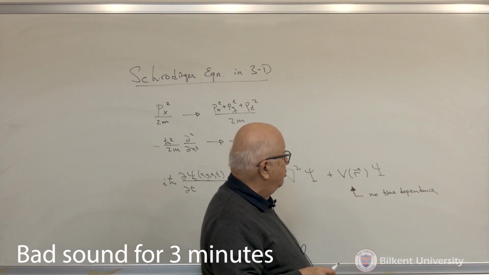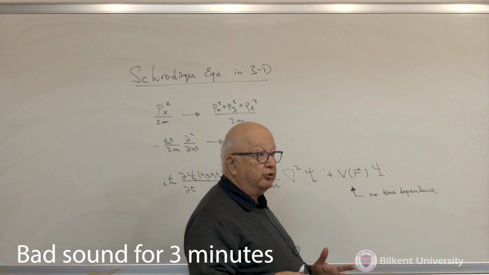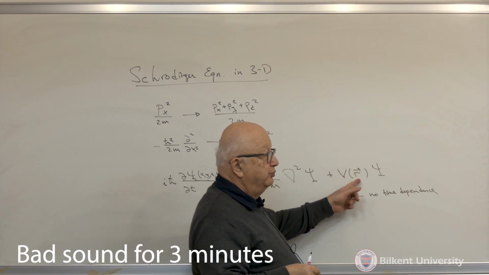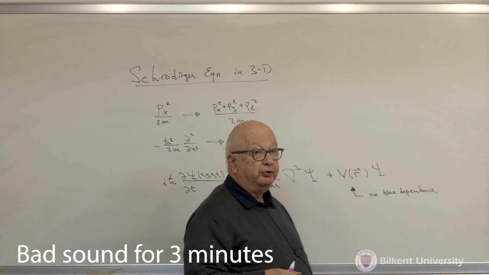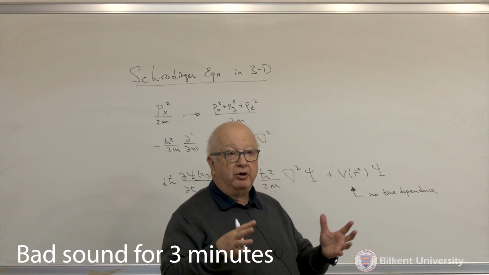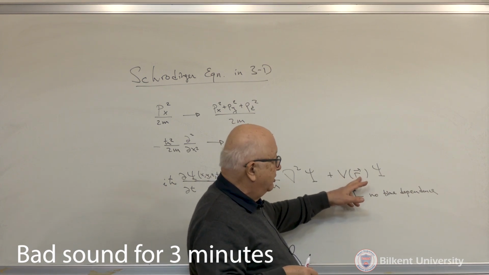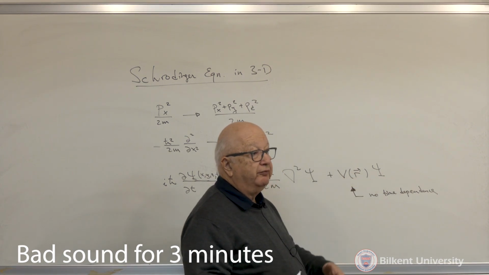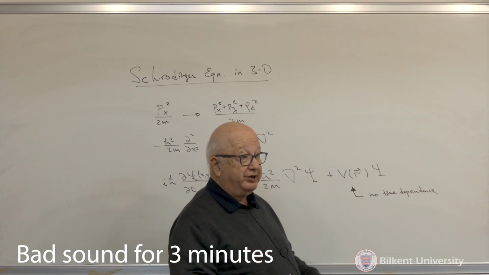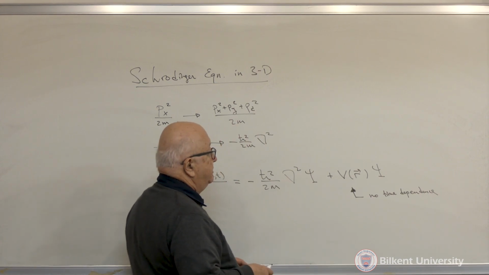And also, when you go to spherical coordinates, we'll assume that this potential V also has spherical symmetry. So we'll assume that V of vector r is equal to V of just the magnitude of r. So we have something like this.